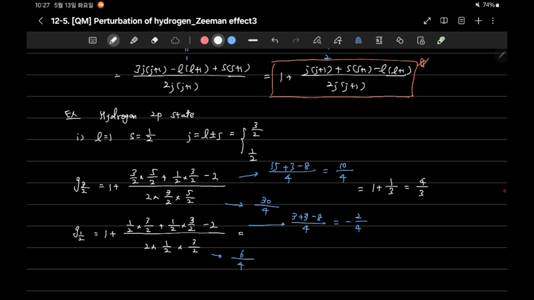So it is 1 minus 1/3, so it is 2/3. So the gyromagnetic ratio in the case of J equal to 1/2 is 2/3.